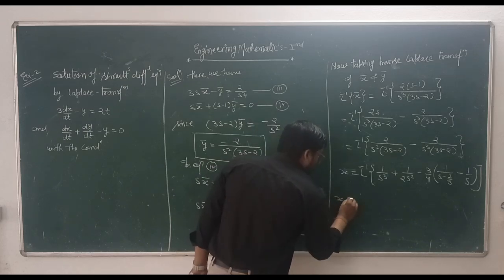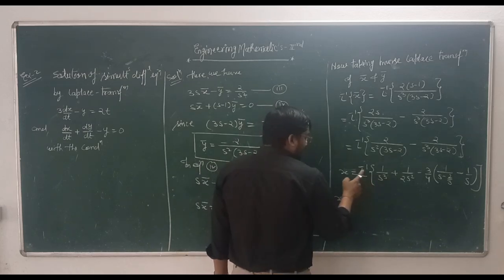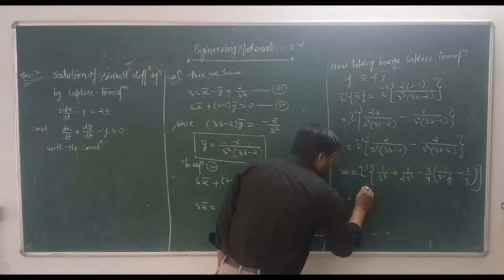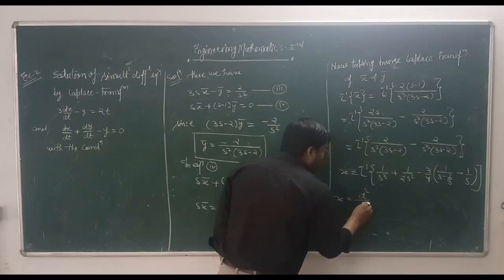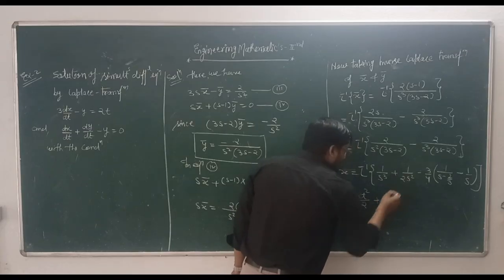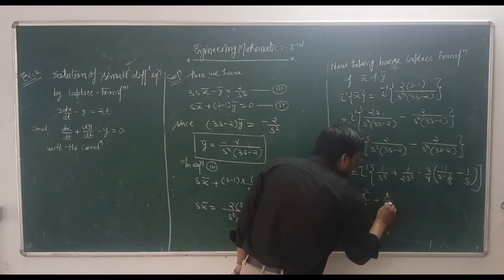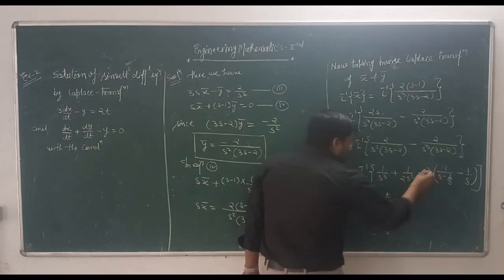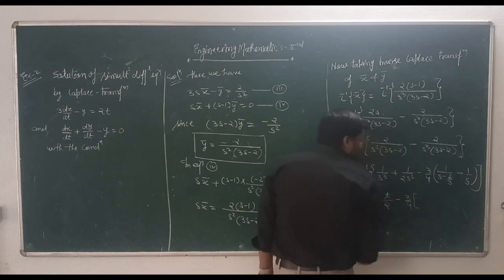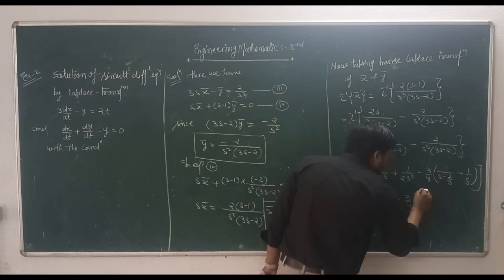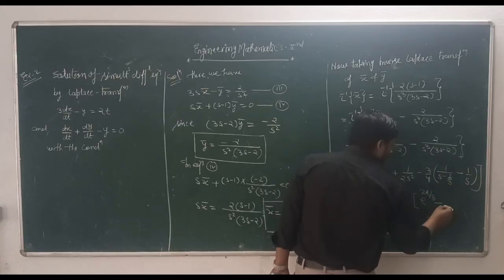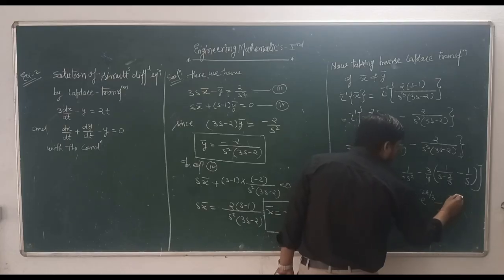This means x is equal to inverse Laplace of 1 upon s cube, which is t to the power 2 upon 2, plus inverse Laplace of 1 upon s square, this means t upon 2, minus 3 by 4 bracket, this is a function of e to the power 2t by 3, minus inverse Laplace of 1 upon s, which is equal to 1.